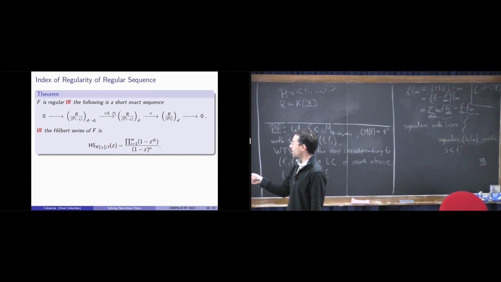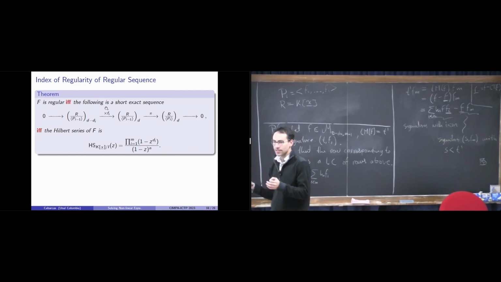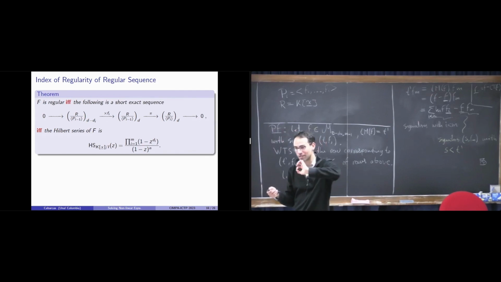Multiplication by Fi clearly maps this ring here to the kernel of the projection, which are the elements generated by Fi, right? And then the injectivity of this map is given precisely by the condition that defines the regularity, right?